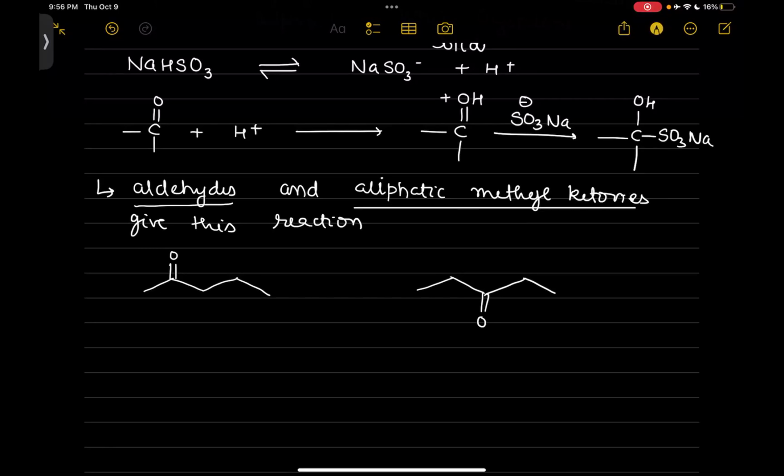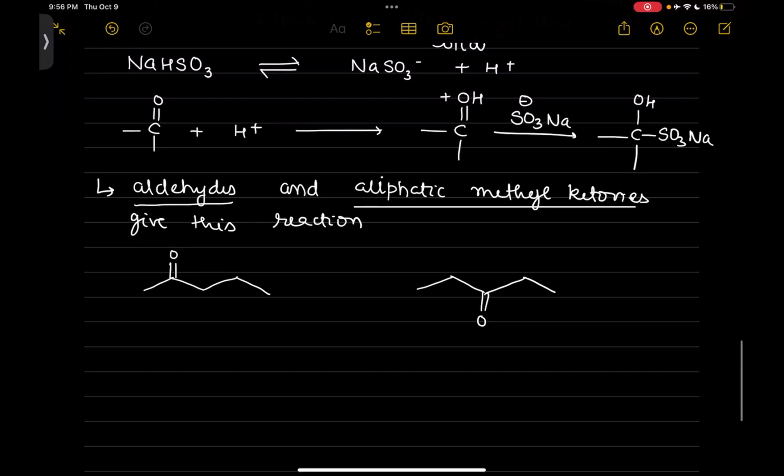What does methyl ketone mean? This is a very important point. You need to have a ketone where one of the groups is methyl, CH3. Is it clear or not? Like this one.